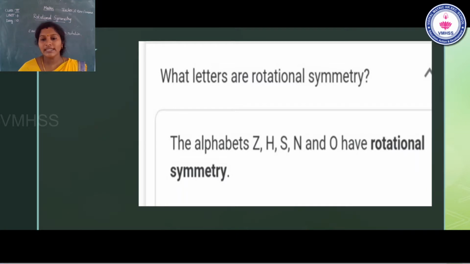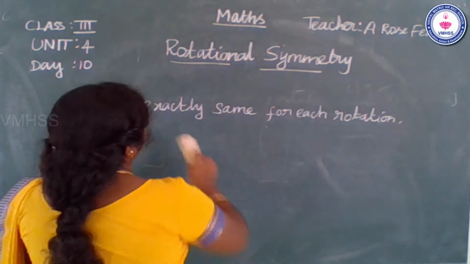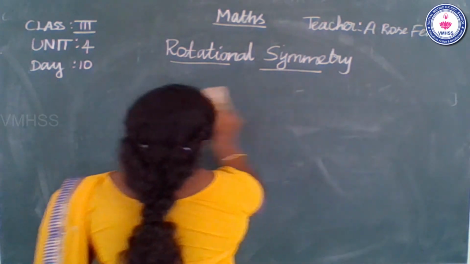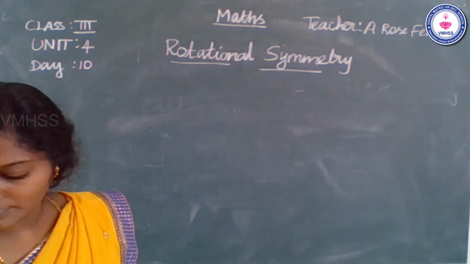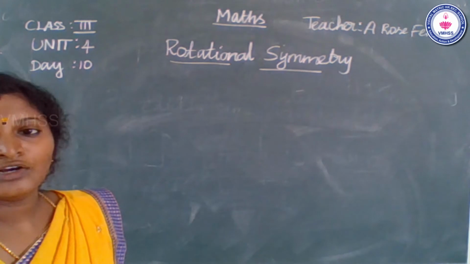What letters have rotational symmetry? You know already. The alphabets Z, H, S, N and O have rotational symmetry. See the board. What are the main letters?